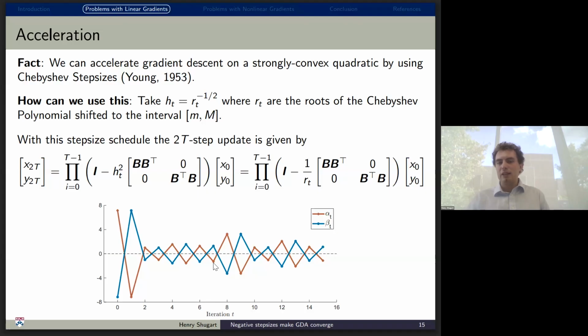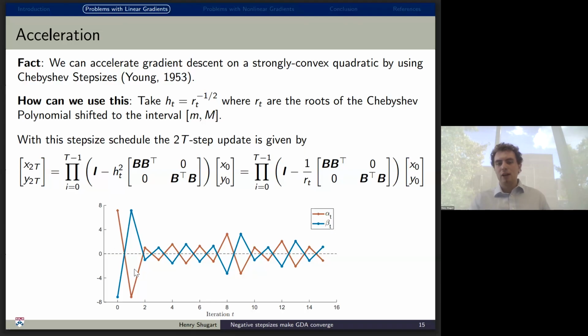And we exactly recover the Chebyshev step sizes of Young, and therefore we exactly recover the rate that he showed in 1953. And here I show in the plot what the step sizes look like for 16 iterations of GDA with the slingshot step sizes, with time varying step sizes to get the Chebyshev acceleration.